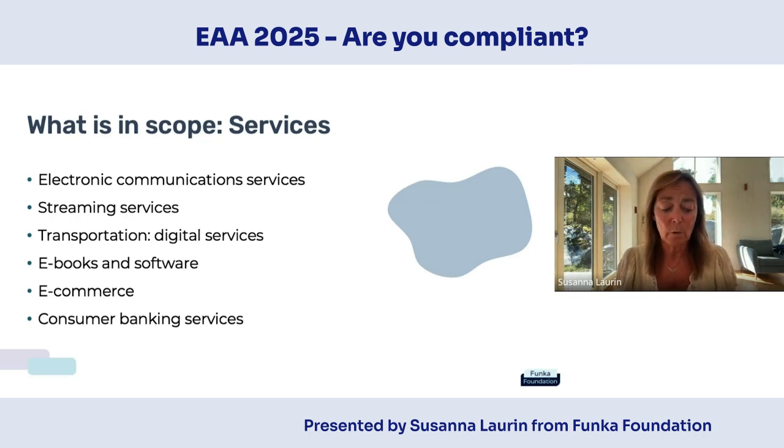So even if you mainly sell something in physical shops, but you also have a possibility to sell online, then that's e-commerce already. And consumer banking services, which of course is another huge area. So quite a wide scope, very ambitious, this legislation.